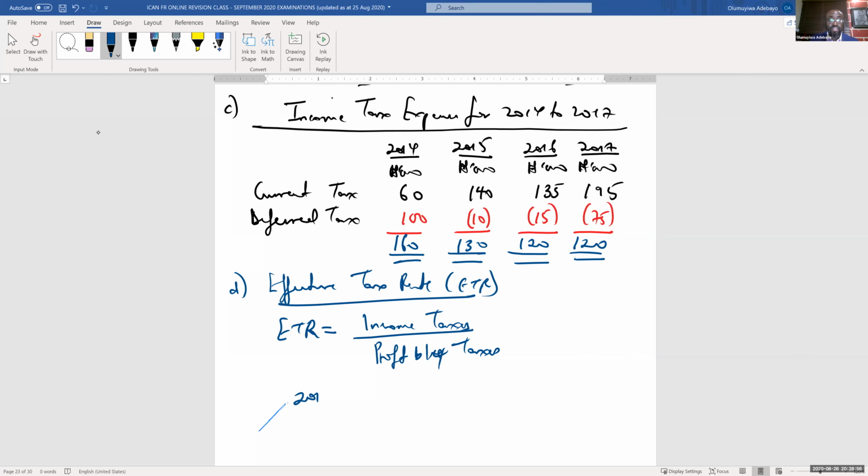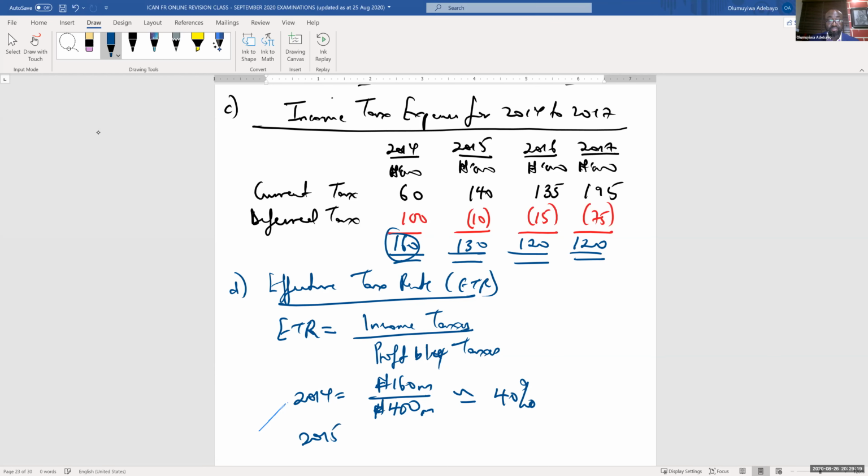Now, in 2014, our income tax is 160 million, as shown here. Remember, our accounting profit was 400, which gives us approximately 40%.